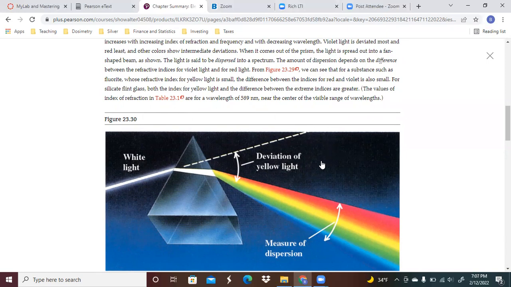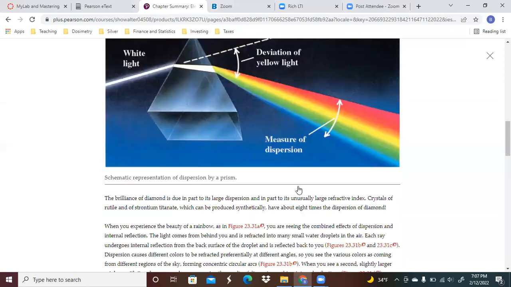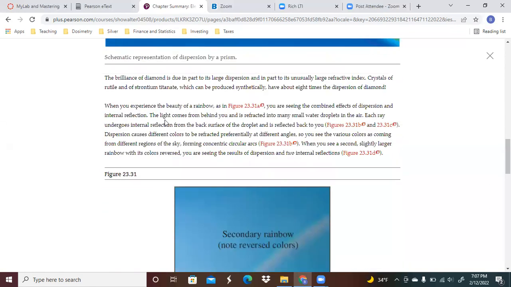For silicon flint glass, both the index for yellow light and the difference between the extreme indices are greater. The brilliance of diamond is due in part to its large dispersion and in part to its unusually large refractive index. Crystals of rutile and of strontium titanate, which can be produced synthetically, have about 8 times the dispersion of a diamond.